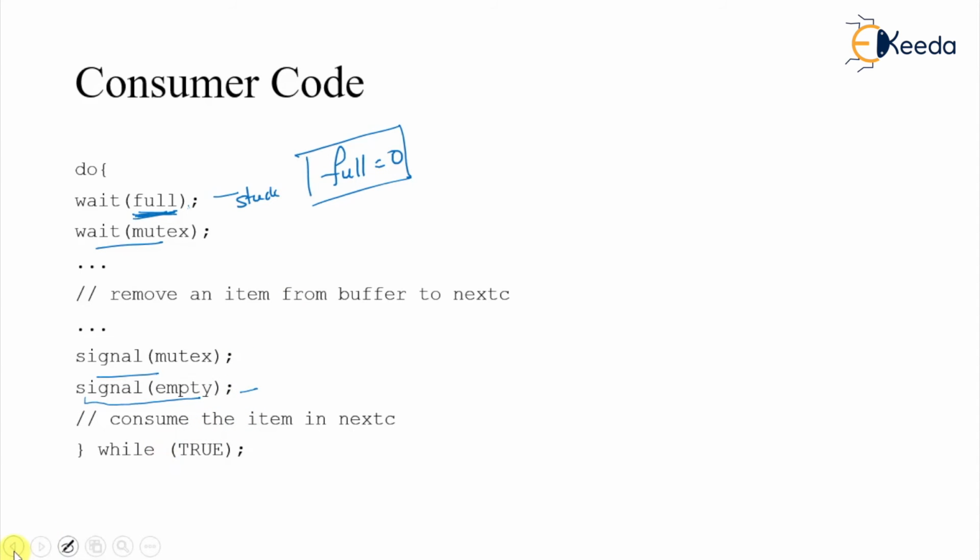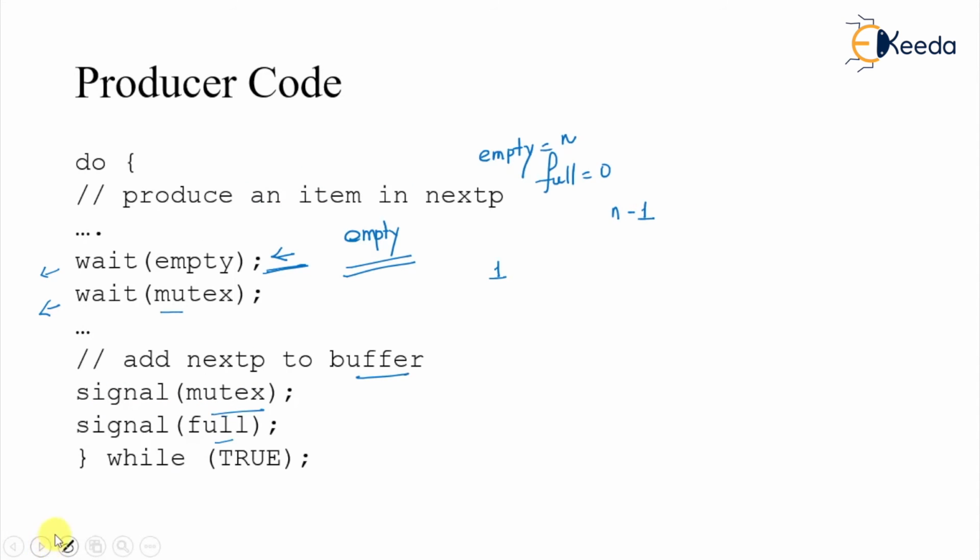If you look at both of these codes, it is very clean code. I hope you understand how empty and full are working. I have explained this small classical synchronization problem, which allows the producer to wait when empty is 0. So there is no empty location, and in that case it will be stuck here.